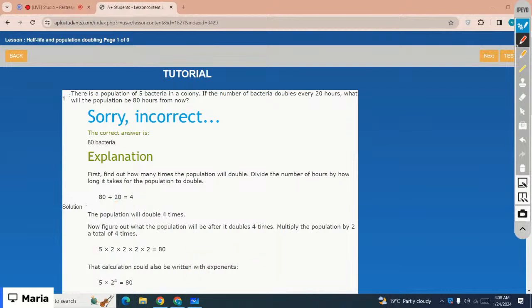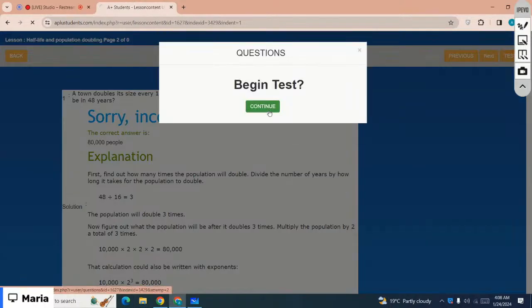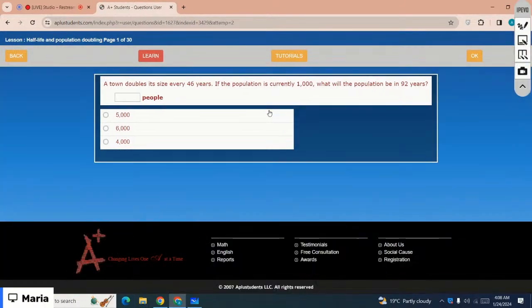Let's just start with the test question. A town doubles its size every 46 years. If the population is currently 1000, what will the population be in 92 years?